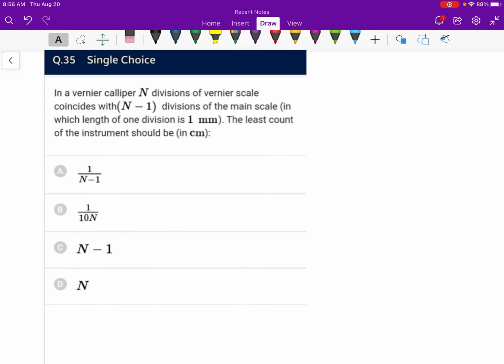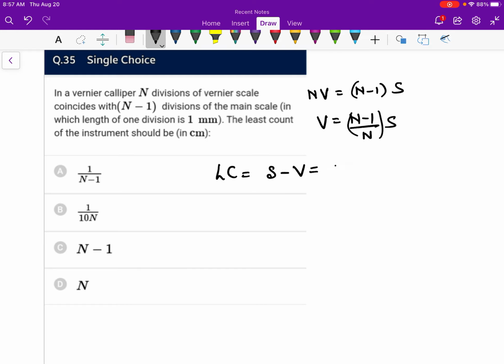In a vernier caliper, n divisions of the vernier scale coincide with n minus 1 divisions of the main scale. Let's say the main scale division is S. So nV is equal to (n minus 1) S, so V is (n minus 1) upon n into S. Now least count is S minus V, which is S minus (n minus 1)/n into S, which is S by n.